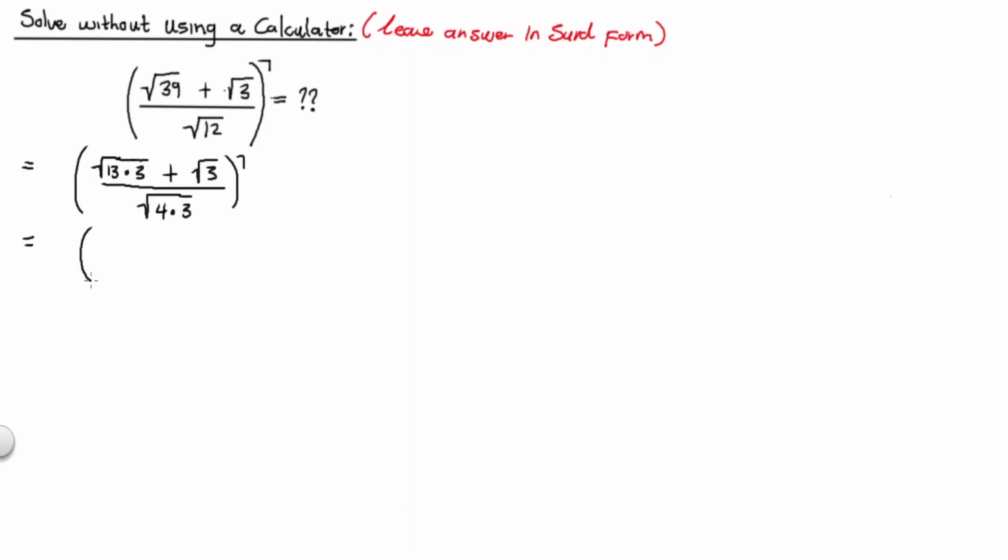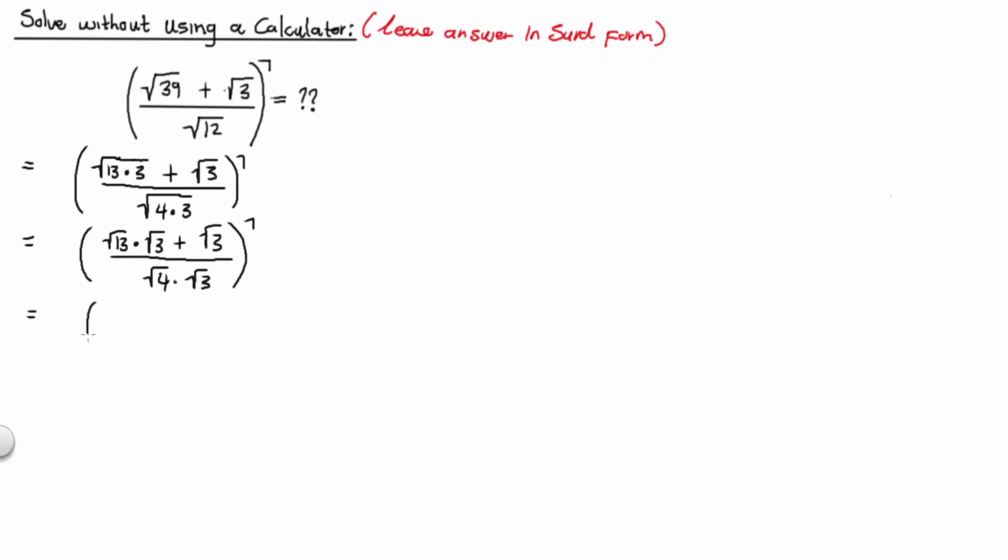So therefore, applying surd laws, we can just take the square root of 13 multiplied by the square root of 13. So the square root gets carried by each number under the square root, plus the square root of 3 divided by square root 4 multiplied by the square root of 3, everything raised to exponent 7 equal to, all right?